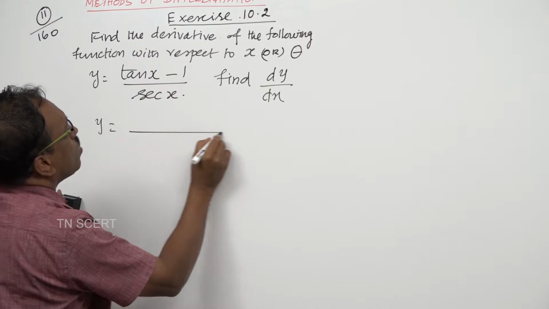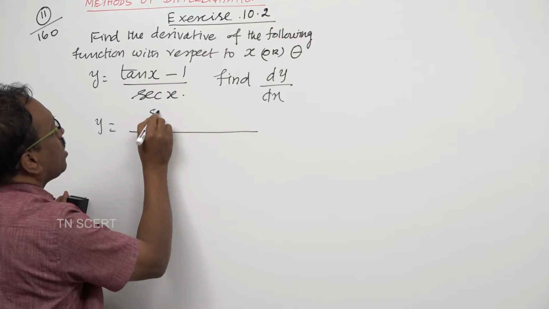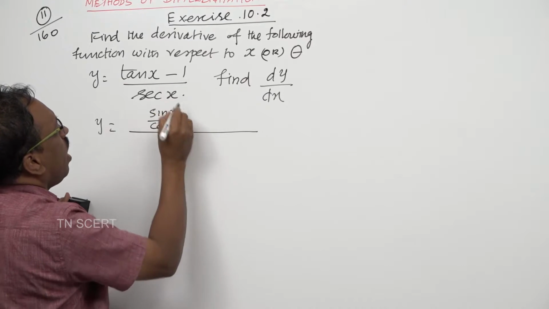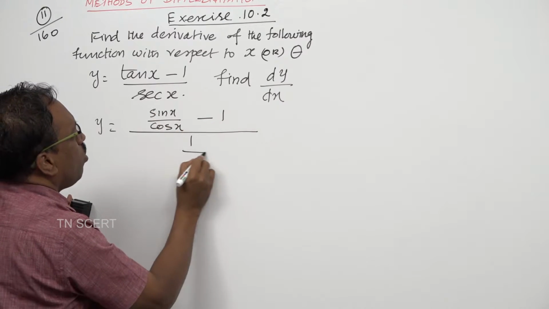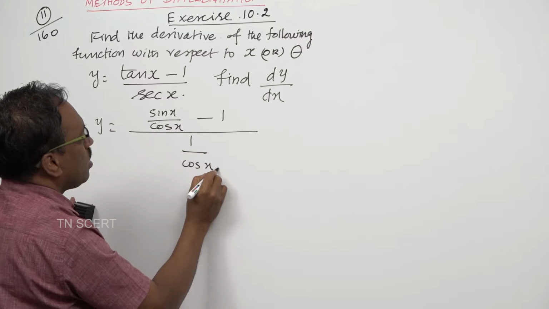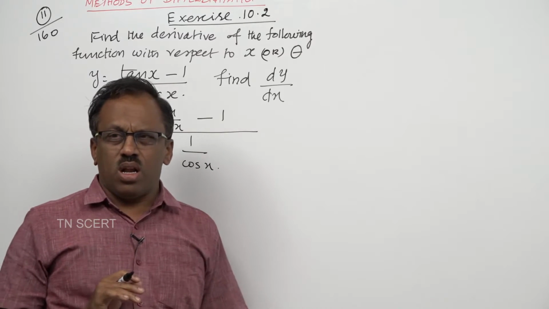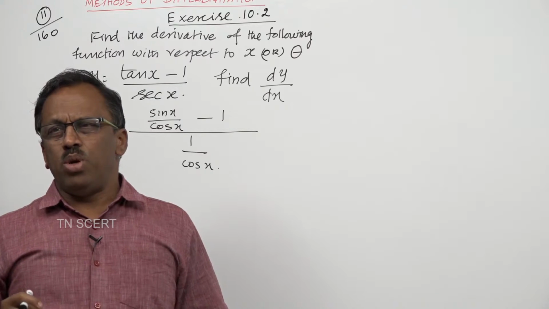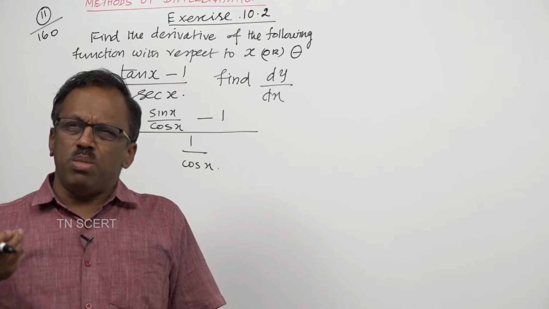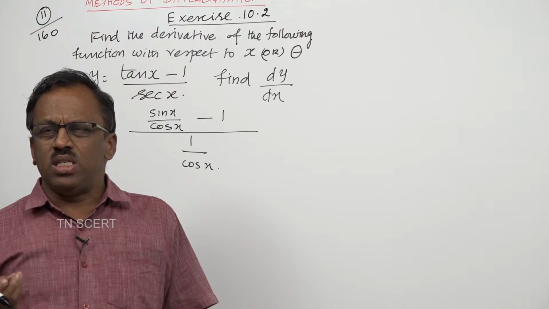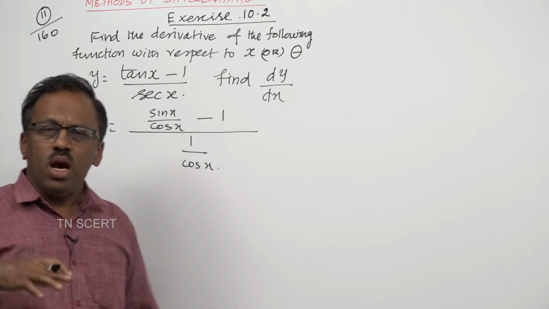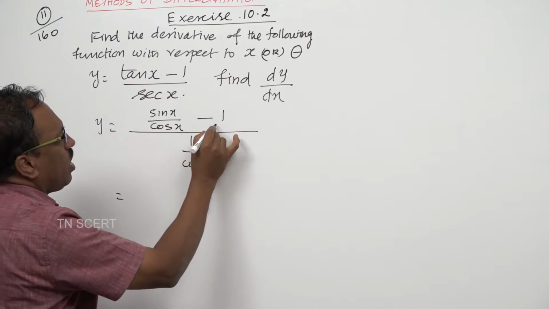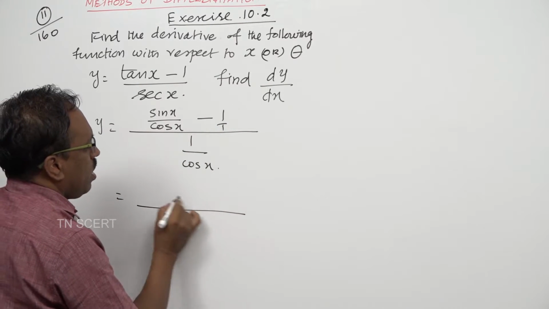Make tan x as sin x by cos x, and minus 1 by cos x. I have not done the differentials yet; I am doing some simple trigonometrical steps first, then we will see how to differentiate. Now we take the LCM here, cos x.